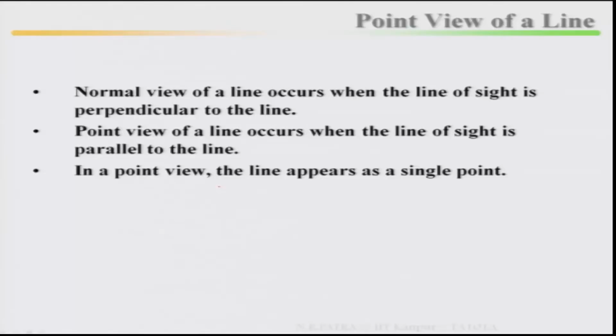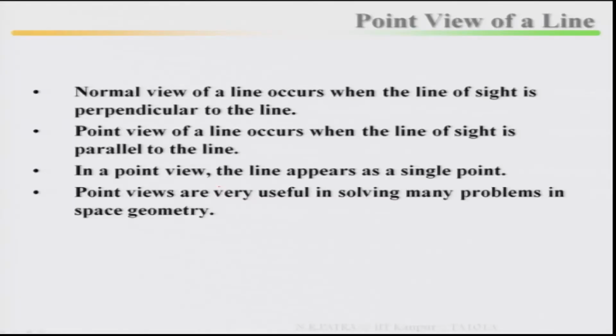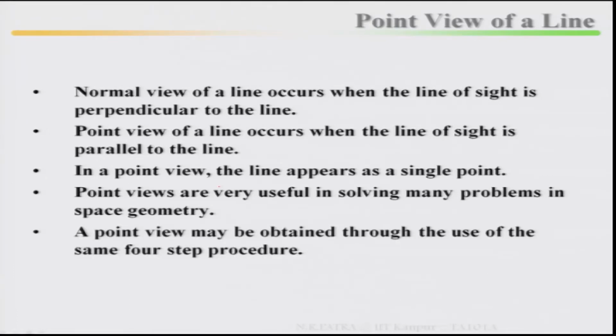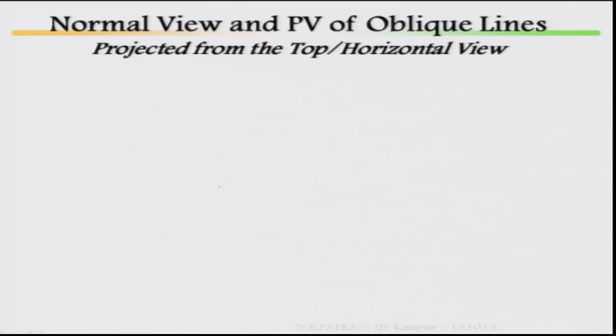In the point view, the line appears as a point. Point views are very useful in solving many problems in space geometry. A point view may be obtained through the use of the same 4 step procedure, as we have done.